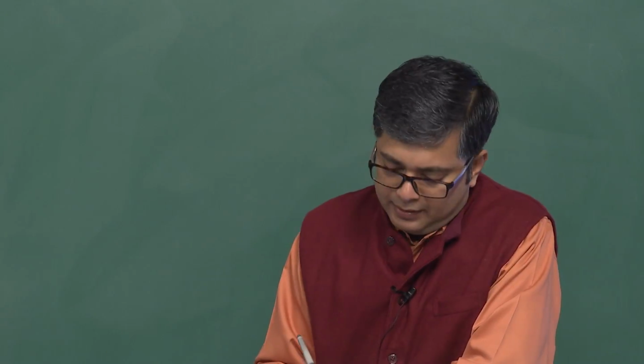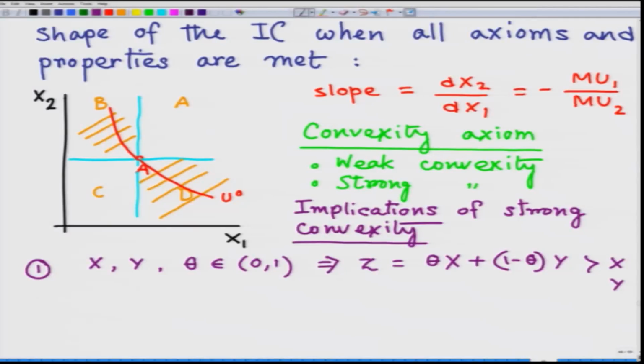Now, let us look at the second implication of convexity. We have already said that if we assume strong convexity, IC can't touch axis.